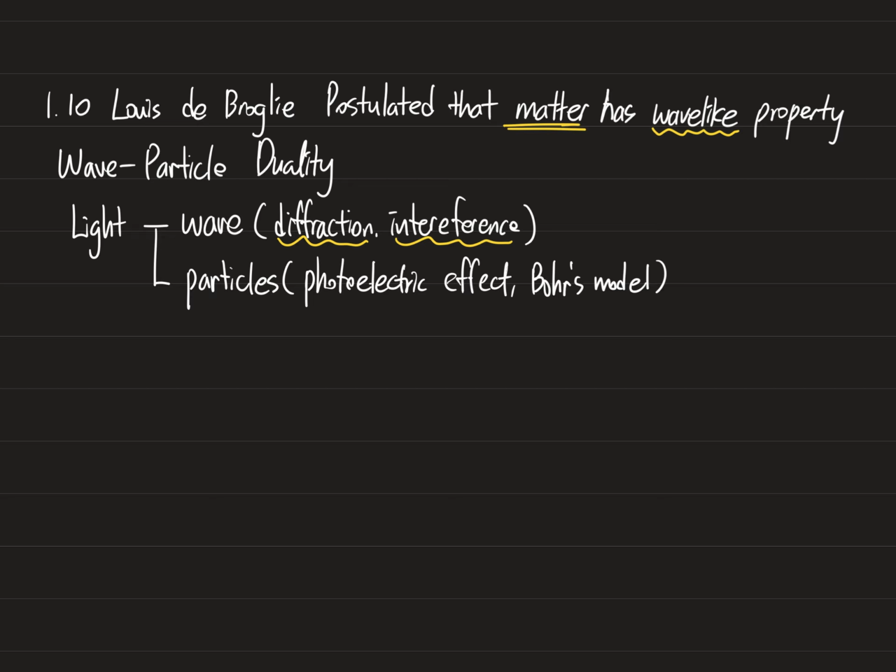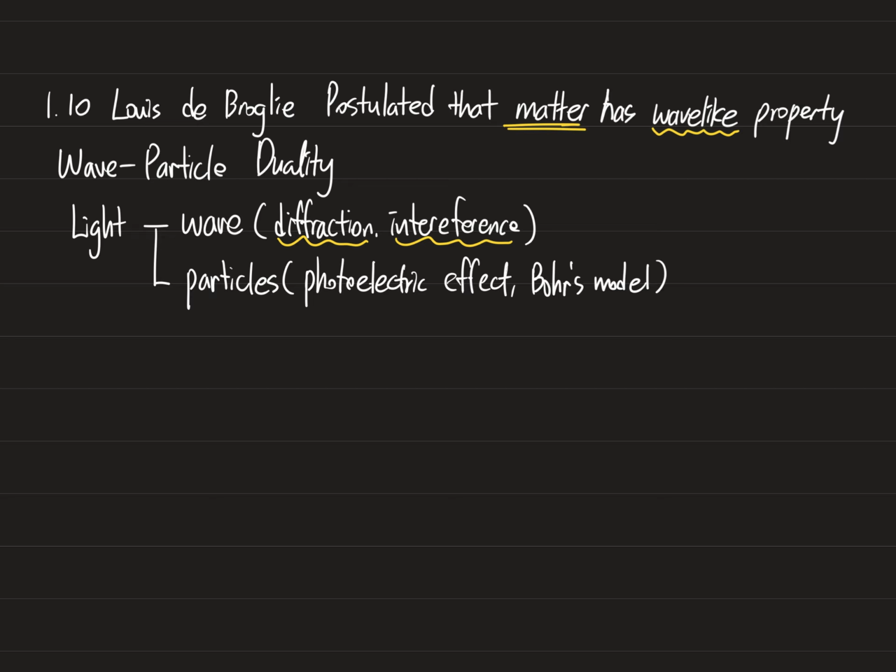That doesn't make sense. But in a microscopic world, for an atom or light, those very tiny systems can have both the characteristics of a particle and a wave.